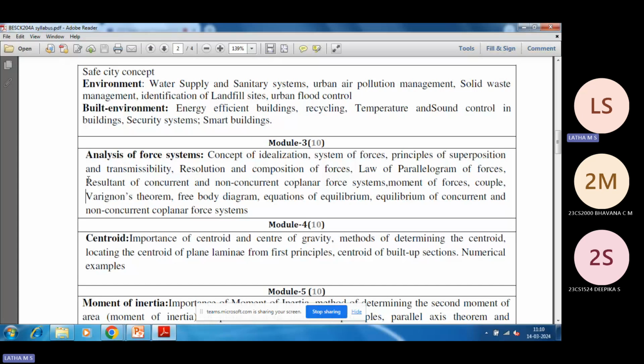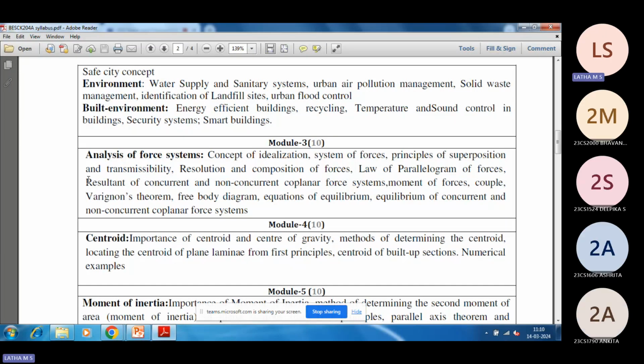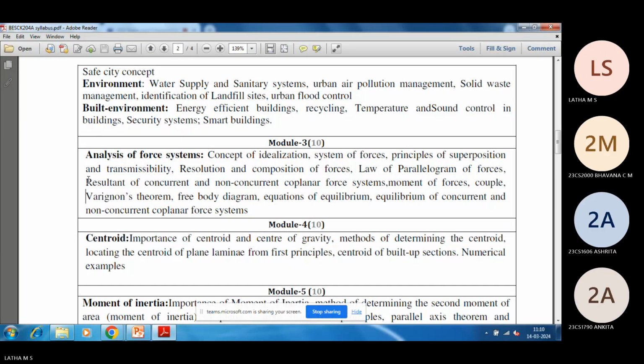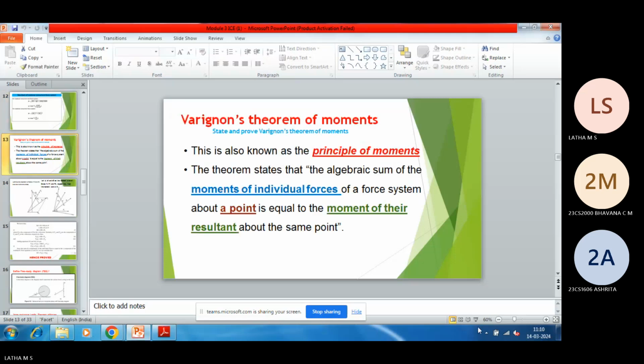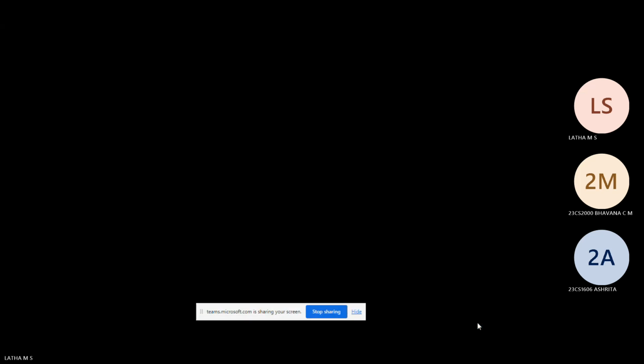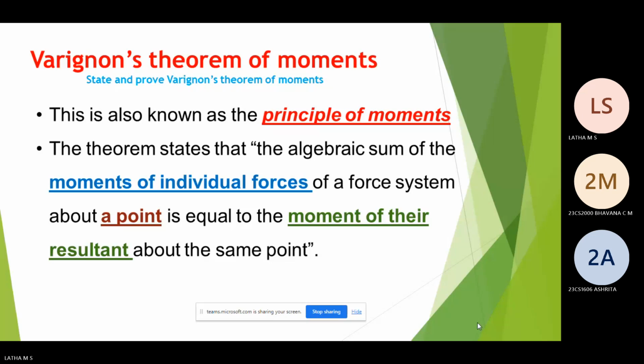It is nothing but, let's say there are a number of forces F1, F2, F3, coplanar forces.